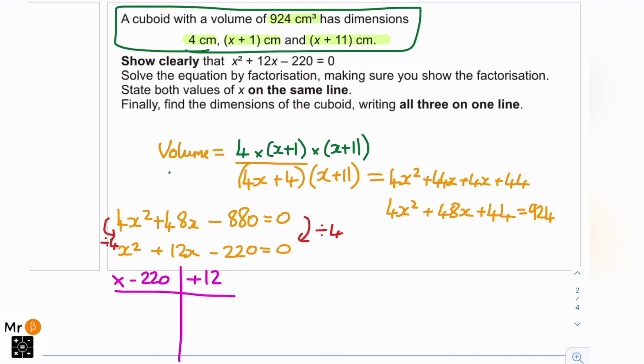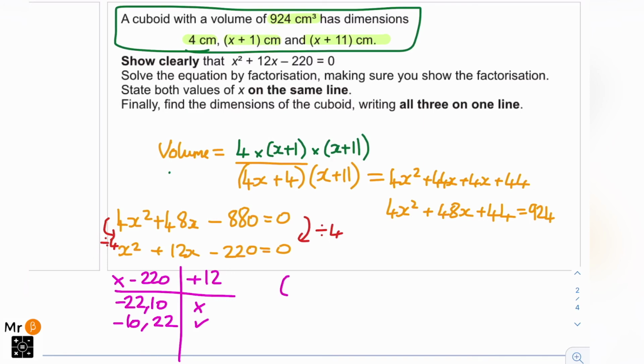So thinking about this carefully, so you don't have to list every factor pair, because this would take you a long time, we would have negative 22 times by 10, and negative 10 times by positive 22. These two factors have a difference of 12, and they times together to give negative 220. The first pair adds to give negative 12, the second pair adds to give positive 12.